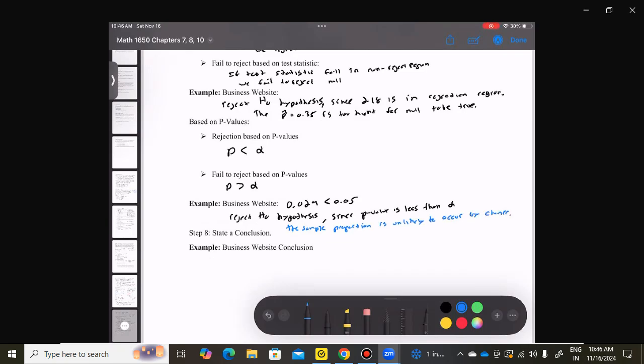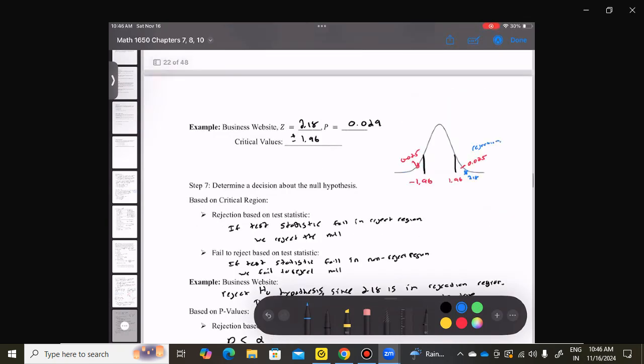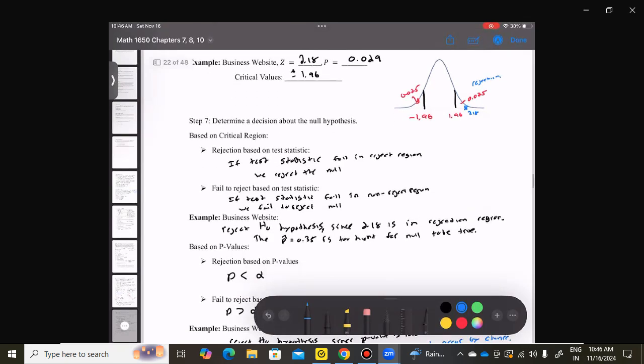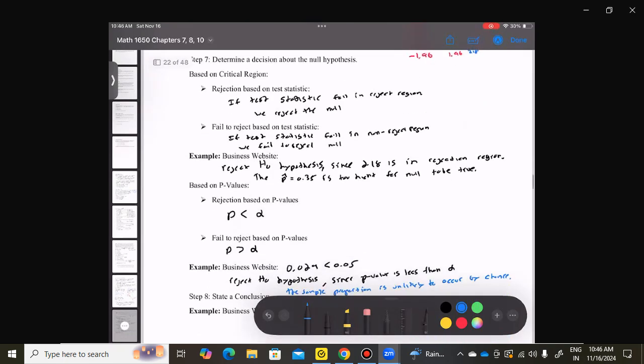Now, both of these methods to come to a conclusion can be used at any time, or for any problem, they will always agree. So if your critical region determines that you're rejecting, your p-value has to also make that same determination. If it's not, then you're not doing something right.